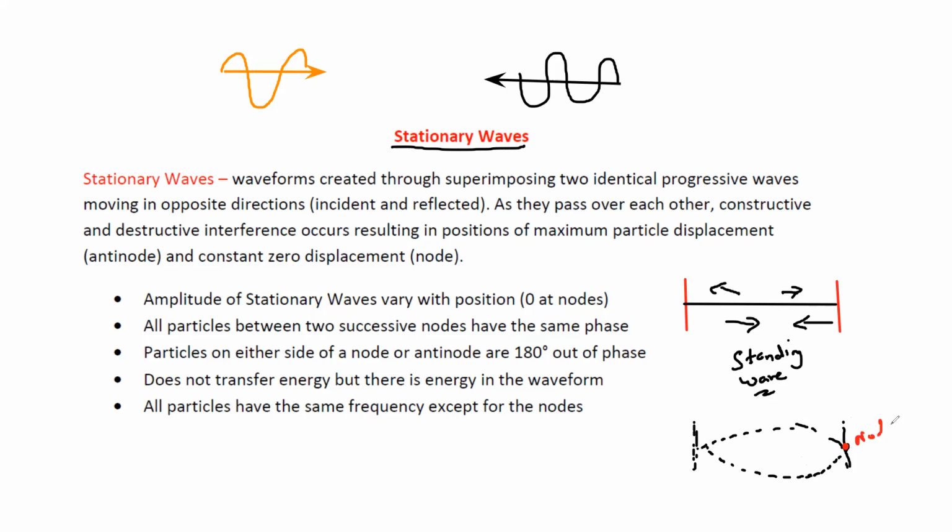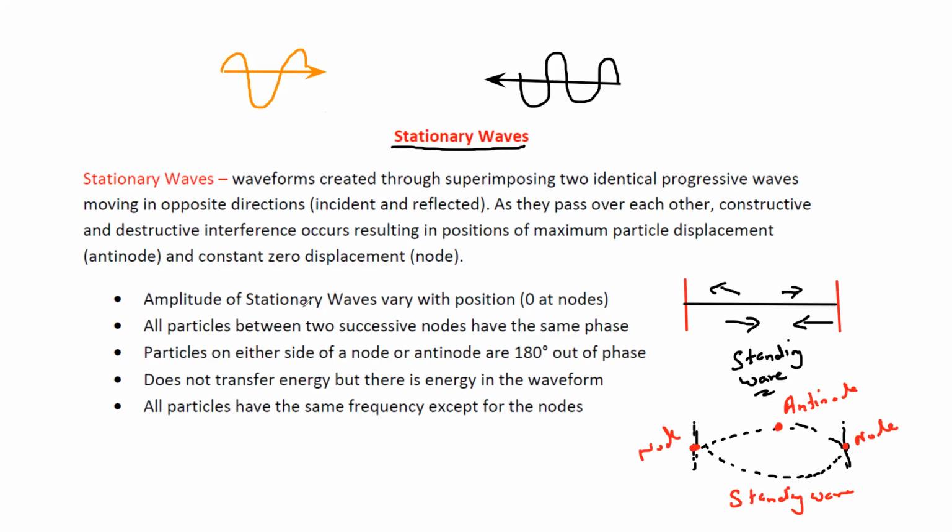So we have a node here on the right hand side, we have a node on the left hand side, and where the displacement is maximum, that is known as the antinode. So this wave which is produced by the combination, or superposition, of two waves traveling in opposite directions is known as a standing wave.